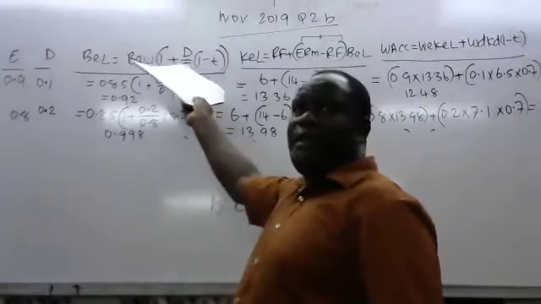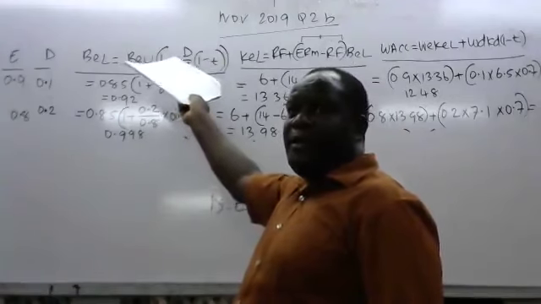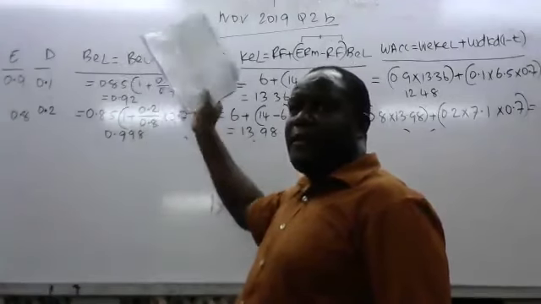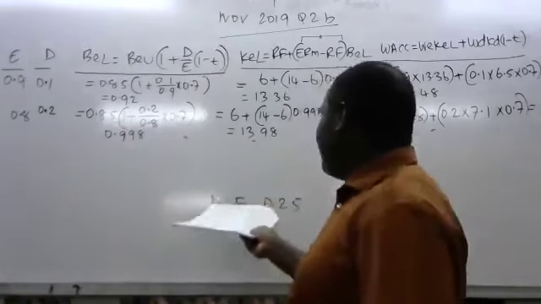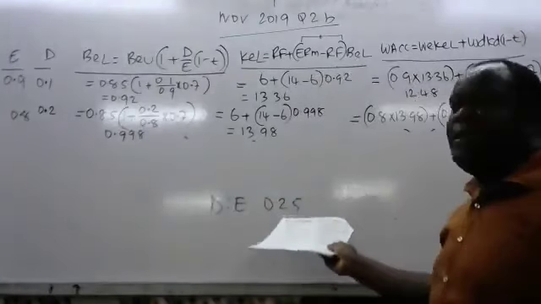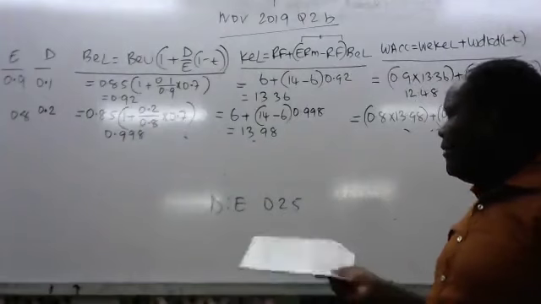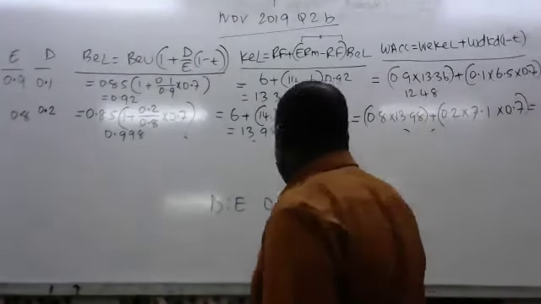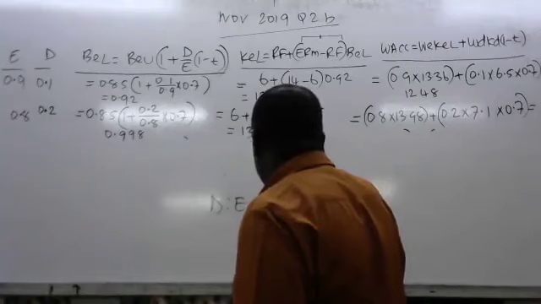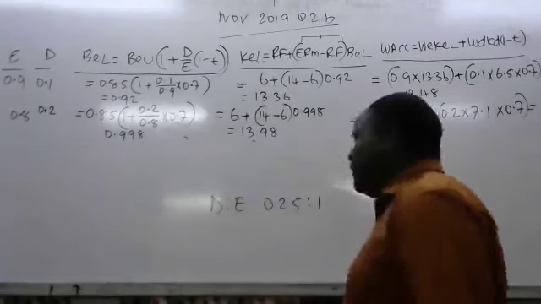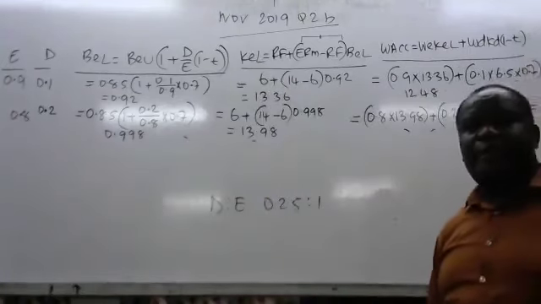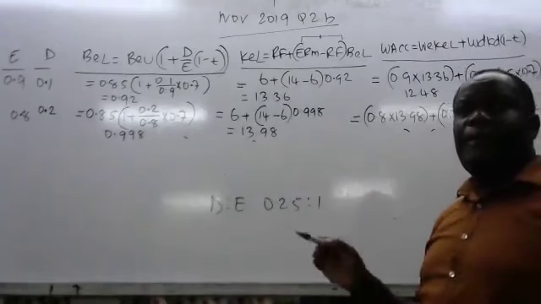D over E has been calculated. So that second one, after they divided, they got 0.25. So 0.25 is the same as 2 to 1, like that.